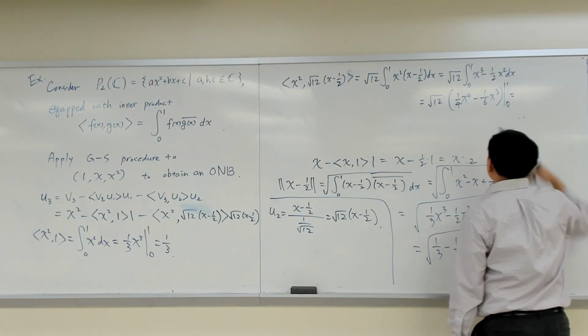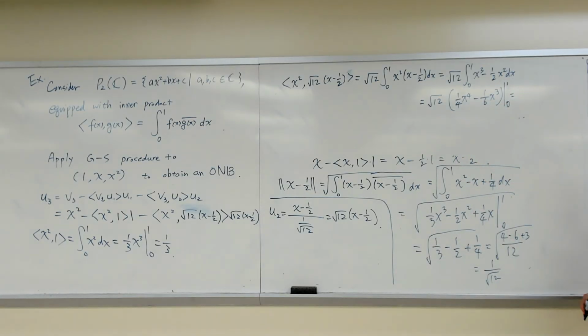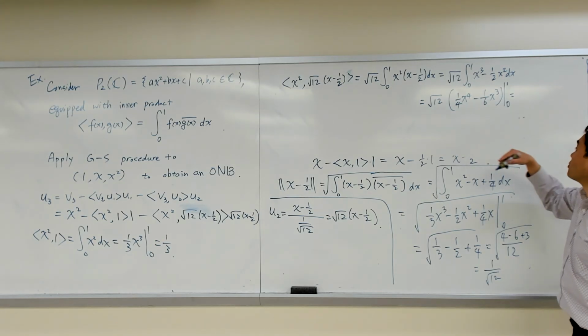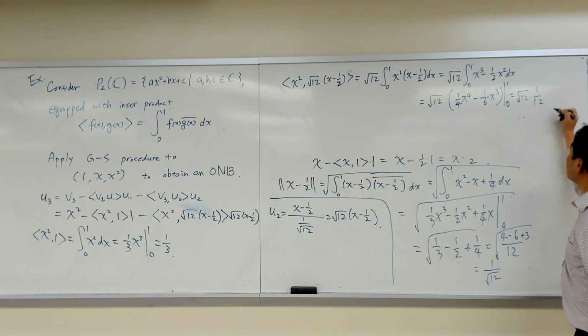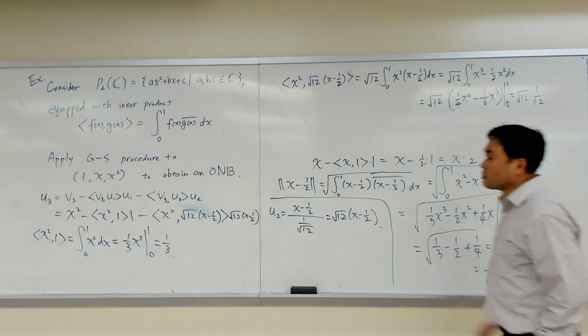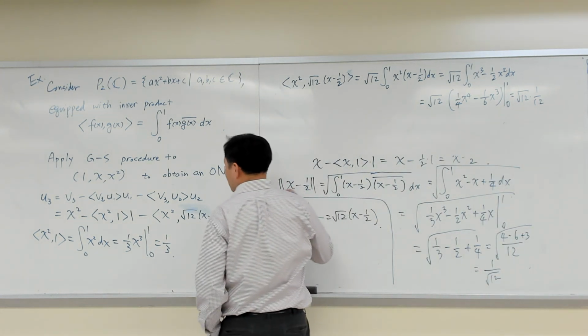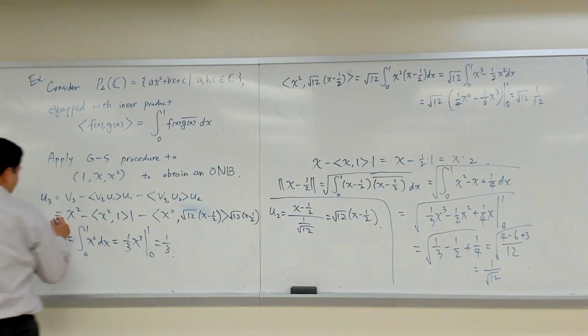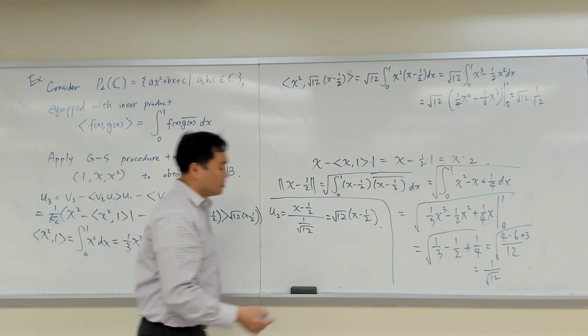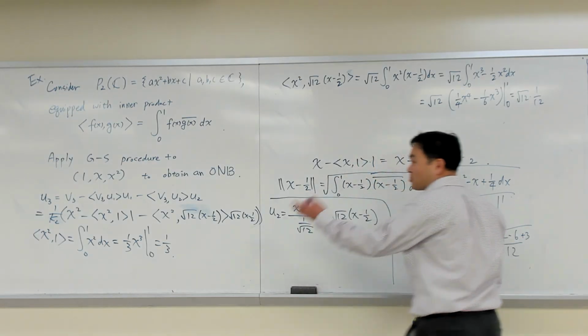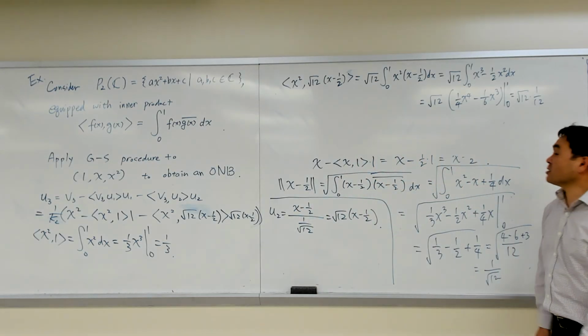And that gives you, this will be 3/12 and 2/12, so 1/12. So it would be square root of 12 times 1/12. And therefore, the numerator of u3, some k2. So some denominator there will be normalizing it, okay?